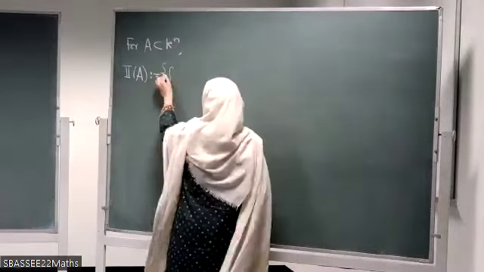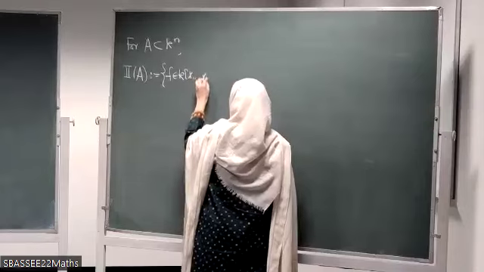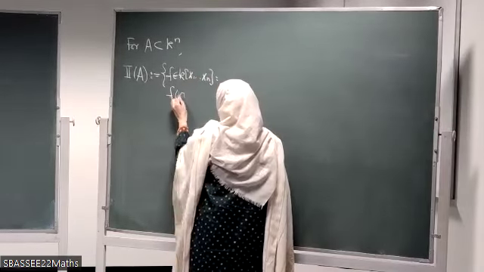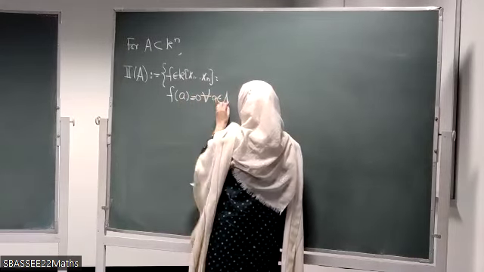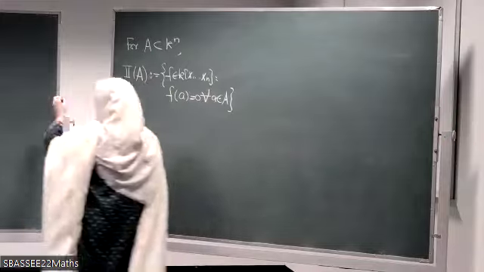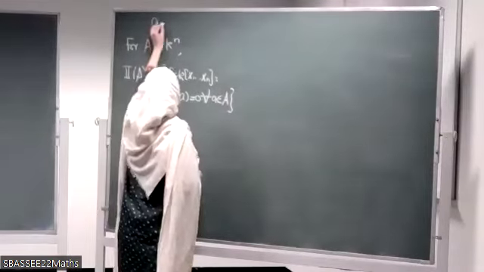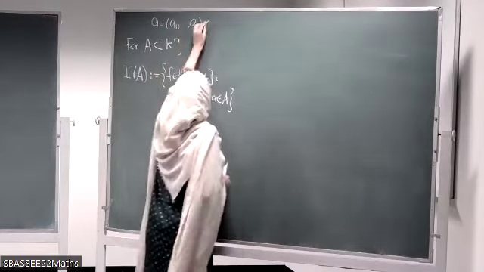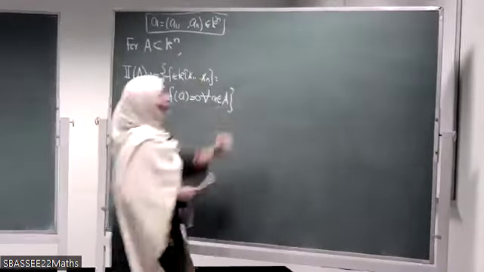I'm taking all polynomials in my polynomial ring which satisfy f(a) = 0 for all a belonging to A. So I will use this notation.